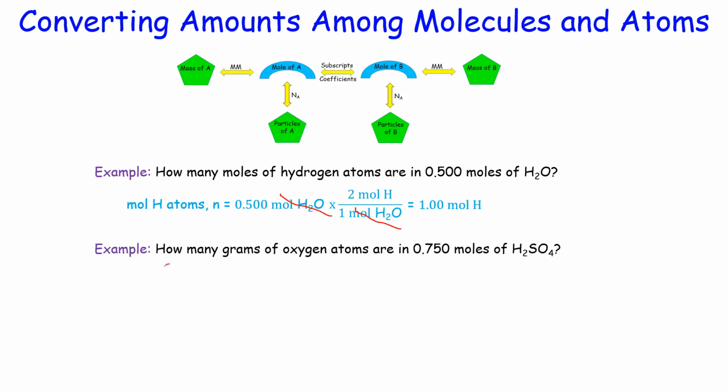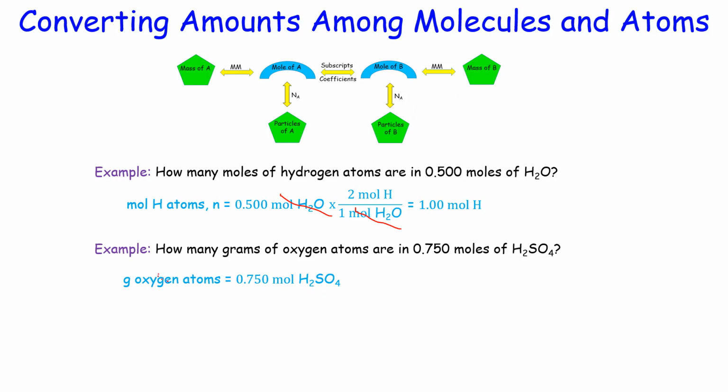Another example. How many grams of oxygen atoms are in 0.75 moles of sulfuric acid? So sulfuric acid, we start from there. We have 0.75 moles of sulfuric acid.